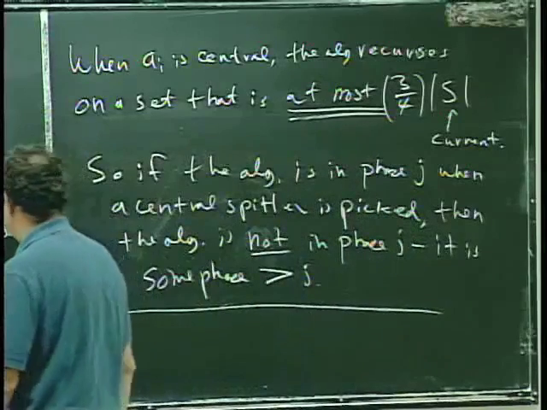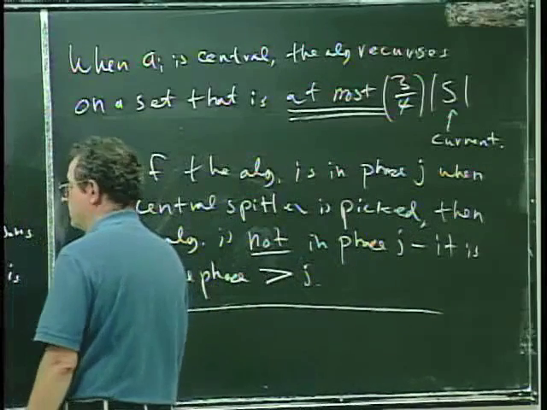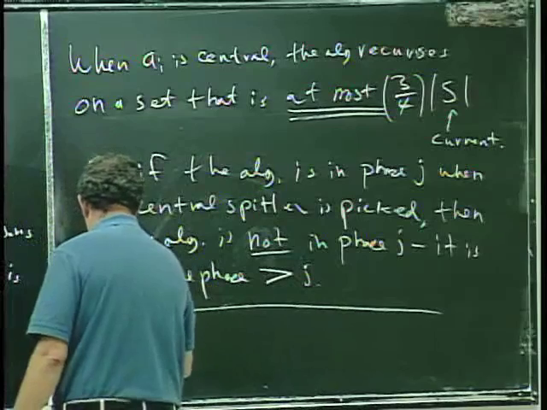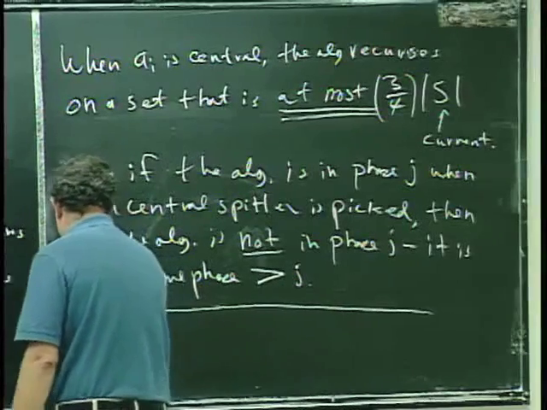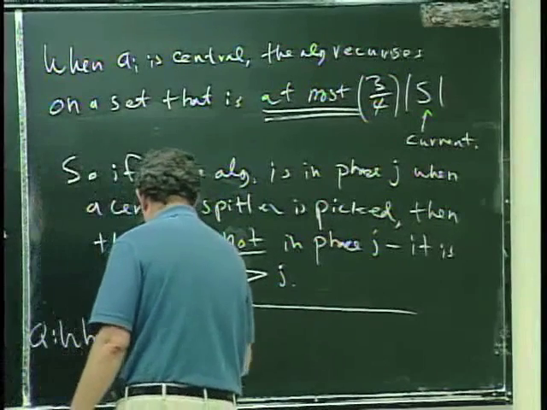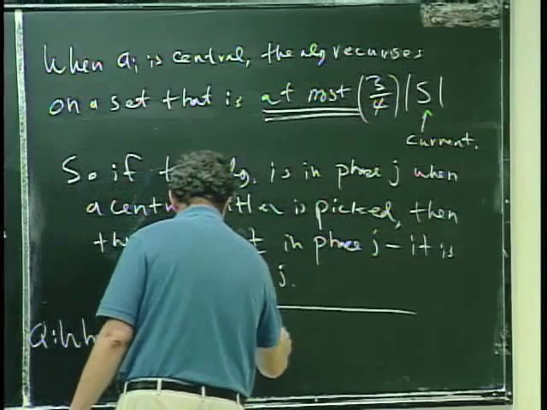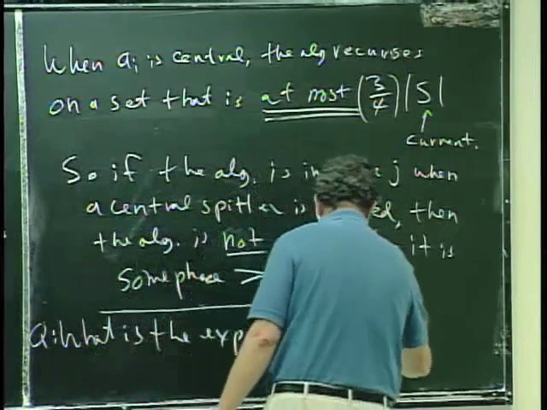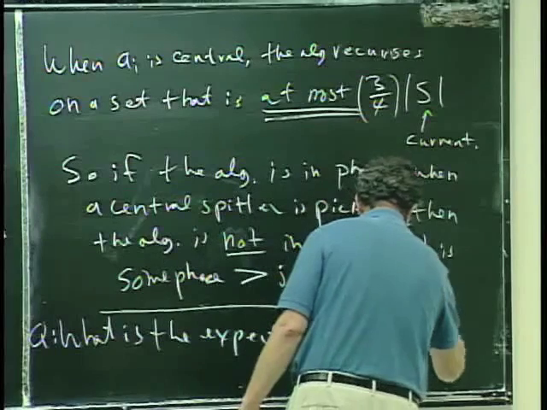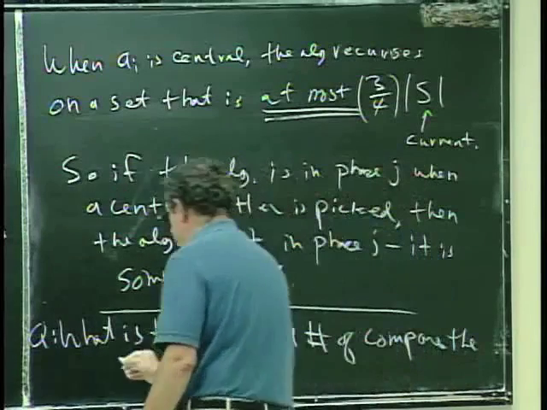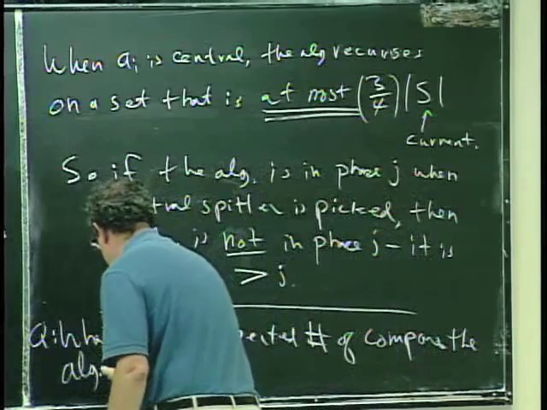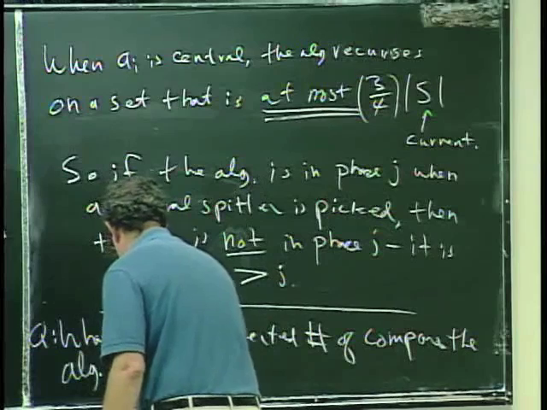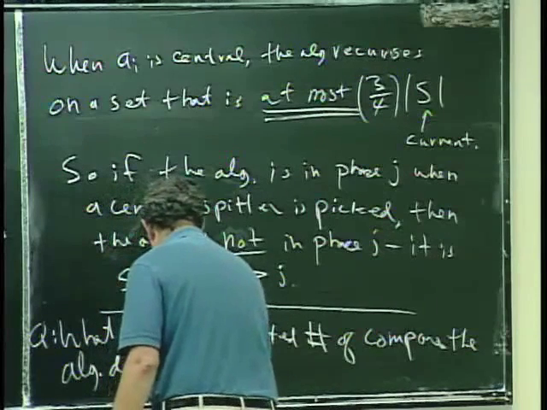Now I can ask a question: what is the expected number of comparisons the algorithm does in phase j?